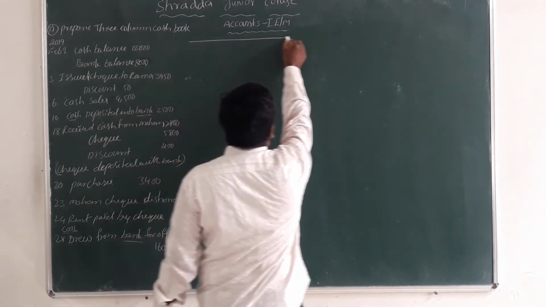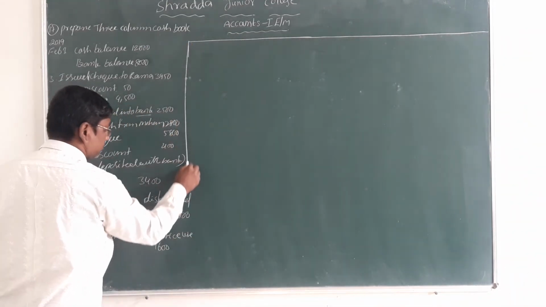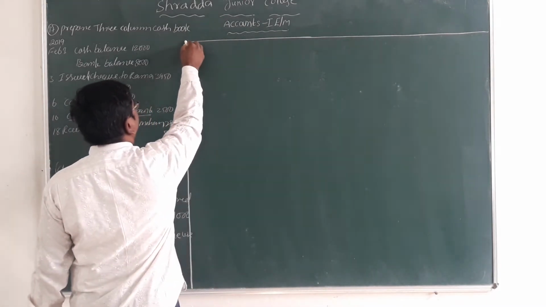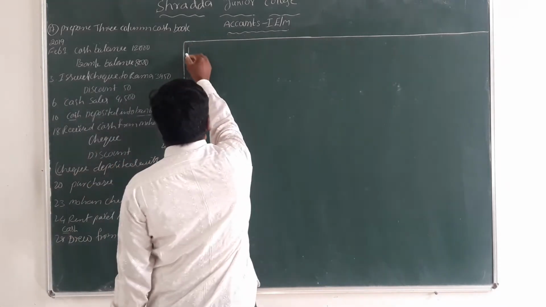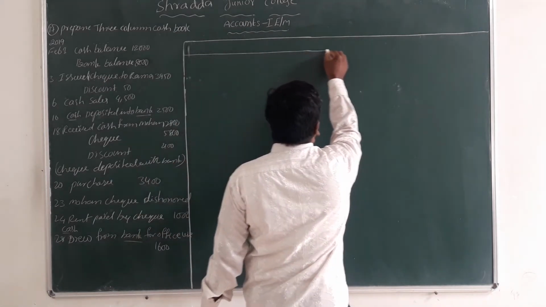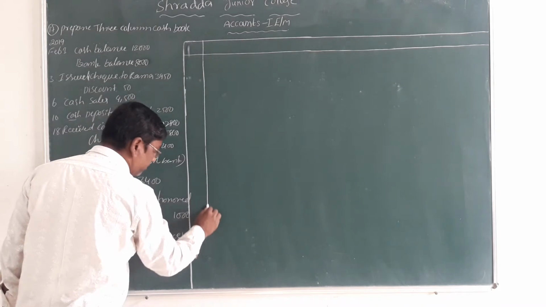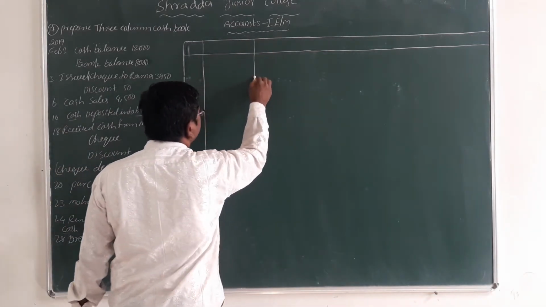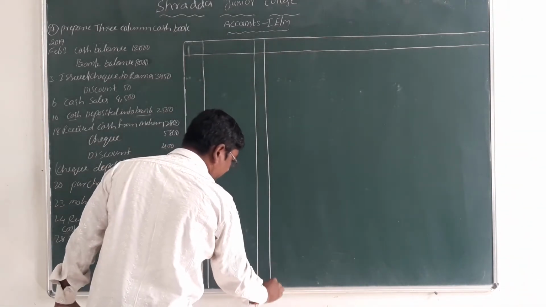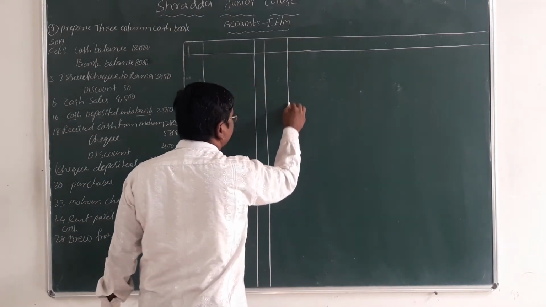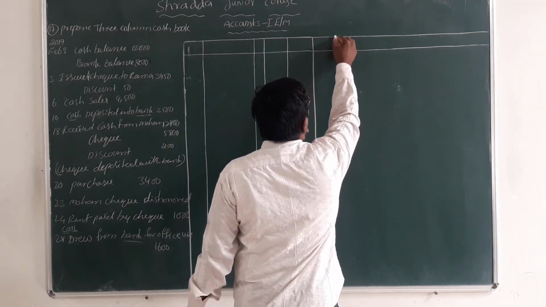First of all, let us take the 3-column cash book format, friends. The first column is date, the second column is particulars, and the third column is LF, and next one is cash, and another one is bank, and discount allowed.